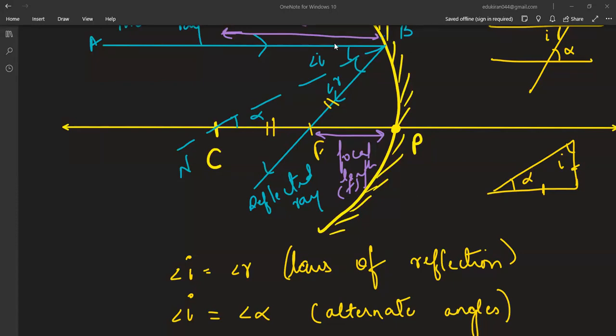Then I and alpha are equal. Since they are both equal, R and alpha are also equal to each other. And if angles are equal, opposite sides will be equal. Also, because of the small aperture of the mirror, FB and FP are the same. That is, CF plus FP is equal to R.